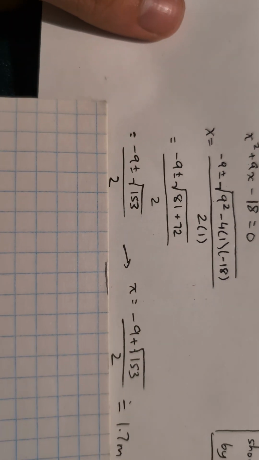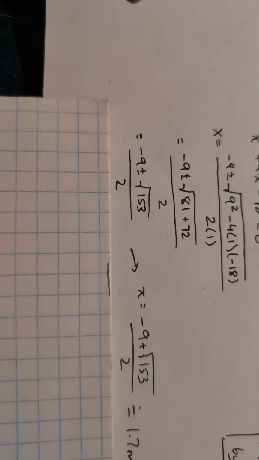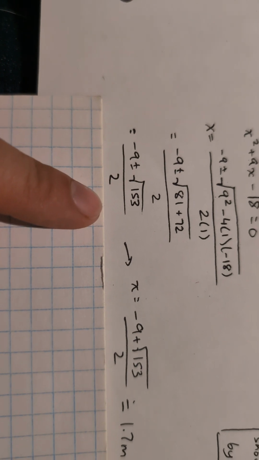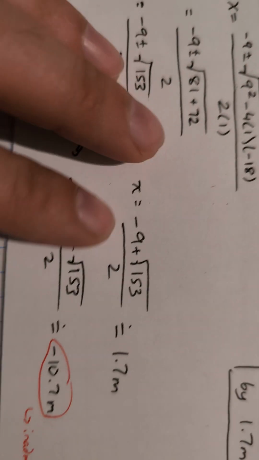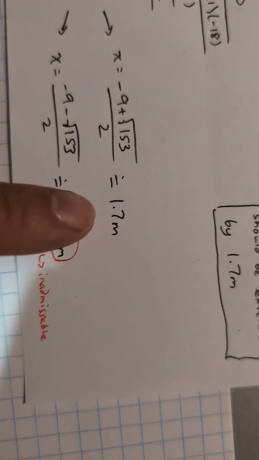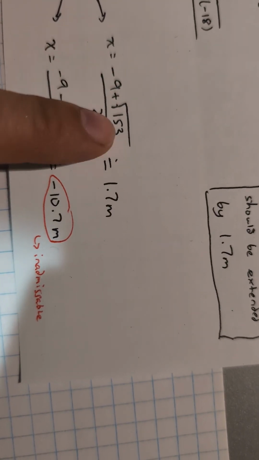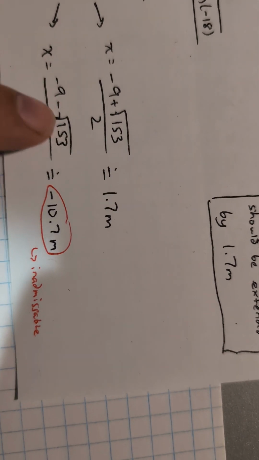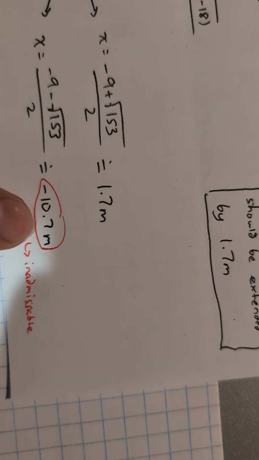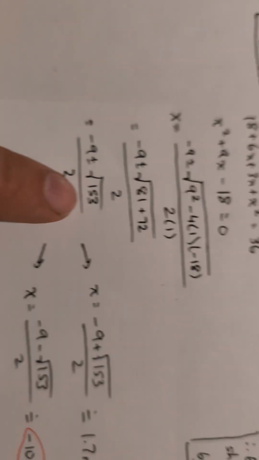It eventually gets down to negative 9 plus or minus root 153, divided by 2. If we split that into our 2 different cases, the positive square root answer is 1.7 meters, and the negative square root gives us negative 10.7 meters, which again doesn't make sense for this problem.